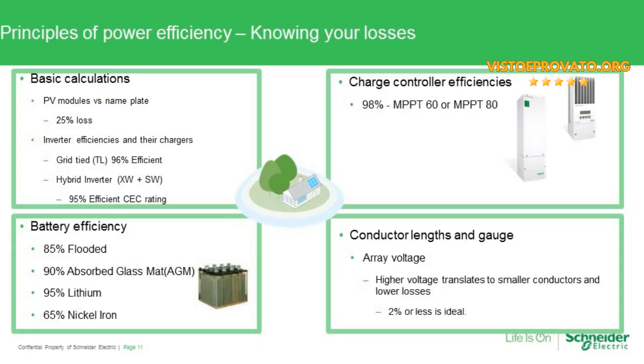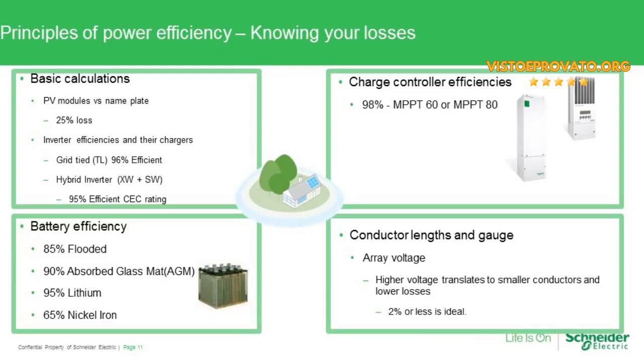If it is self-consumption where you're using the batteries frequently, so in places like Africa or down in the Caribbean area where power may be slightly unreliable to greatly unreliable, then those batteries are cycling on a frequent basis, which says they need to be charged back up all the way. And so taking battery efficiency into account and making sure that we have enough of a charging source, either from the grid, a generator, or from the array itself, needs to be taken into account.